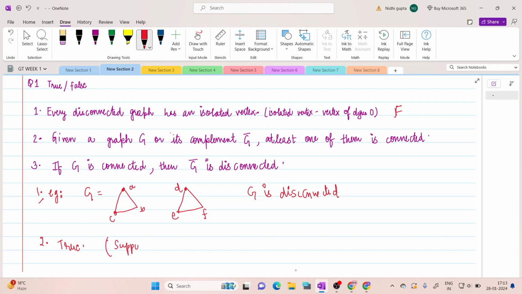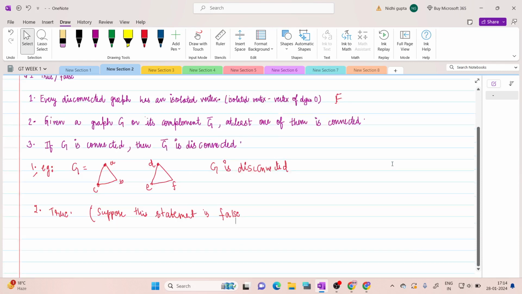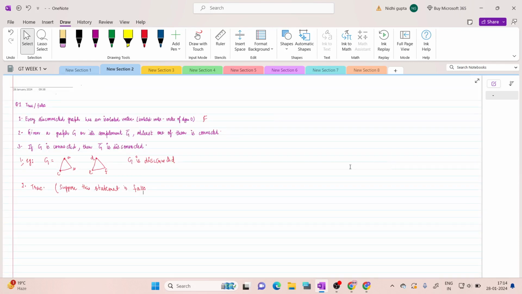Suppose this statement is false. Then what does that mean? Both could be connected or disconnected simultaneously. Yes. So given a graph G, at least one of them is connected.